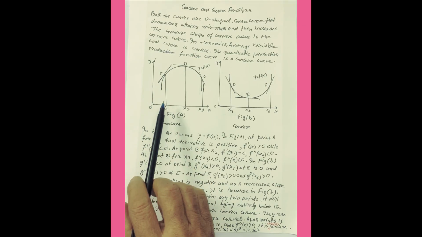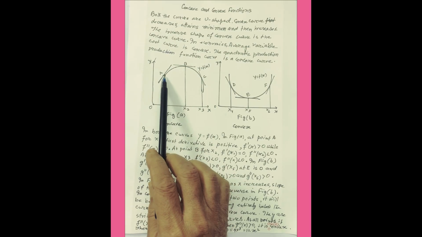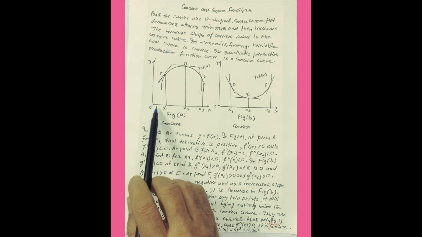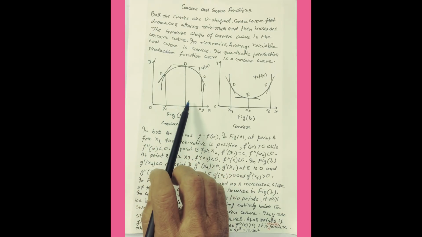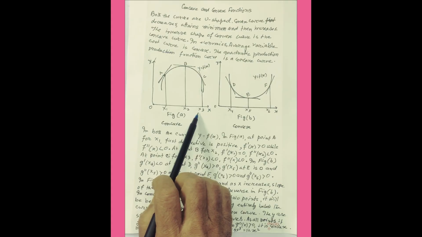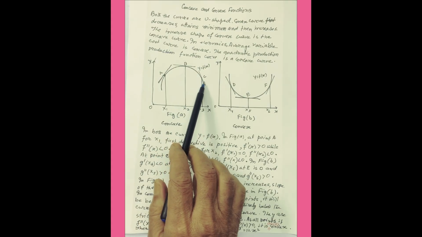Okay. Then when it reaches b, it is maximum. That means corresponding to x2, it is maximum. Then if we increase x further, it starts declining.